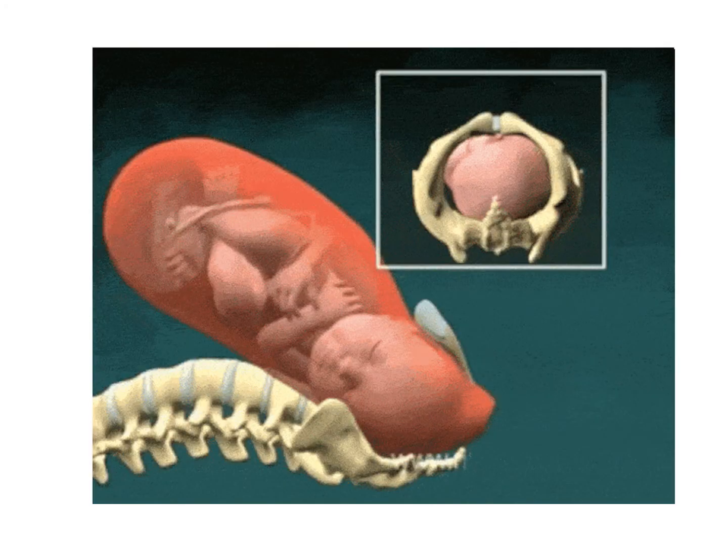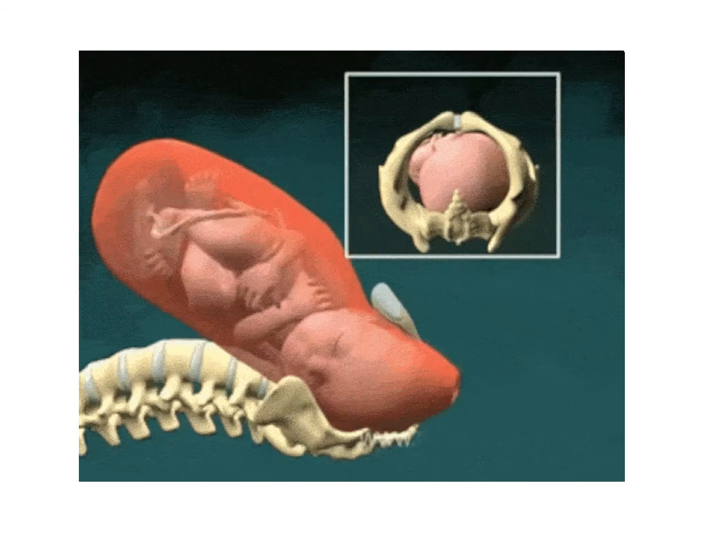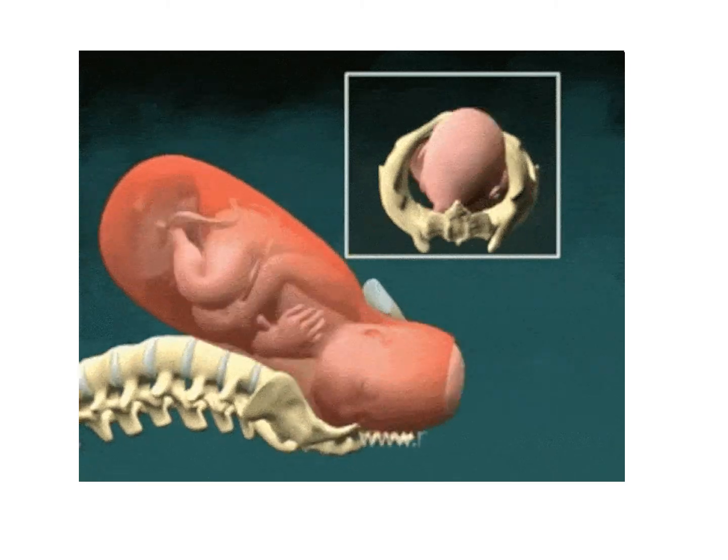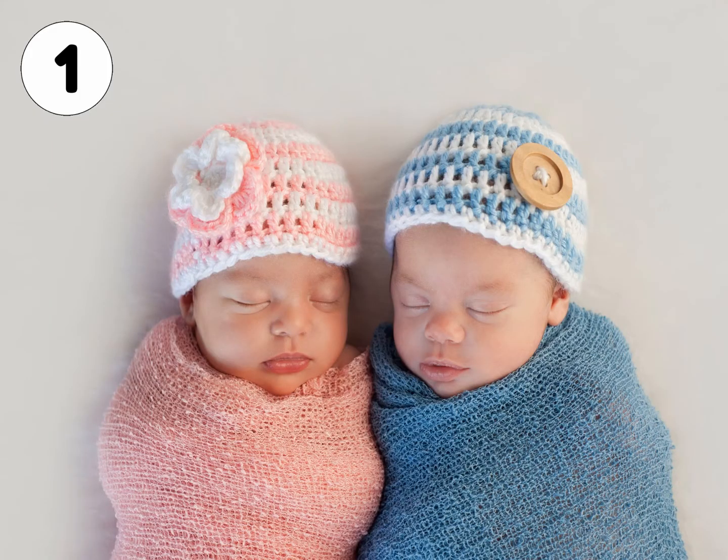Uterus contraction is very important for parturition, that is nothing but the birth process. Because of the uterus contraction, the child is pushed out from the female reproductive system.